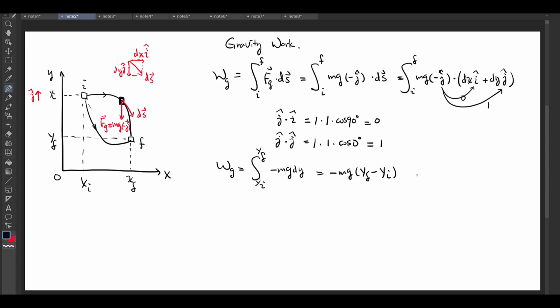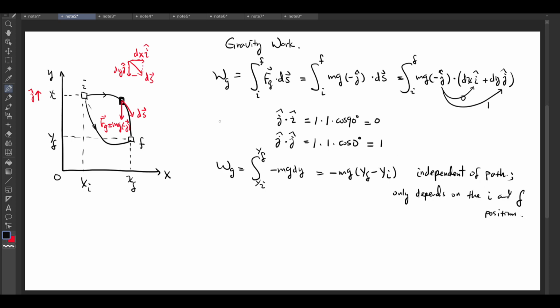So that's why this result is independent of path, and it only depends on the initial and final position.